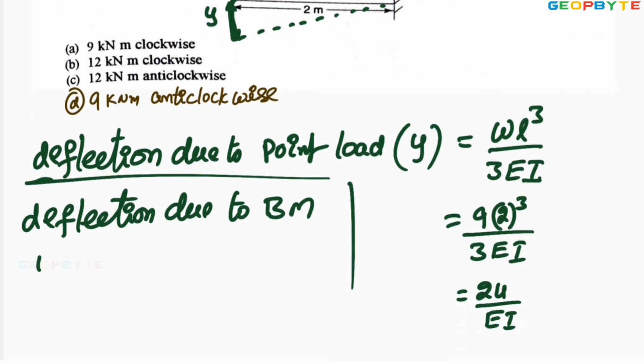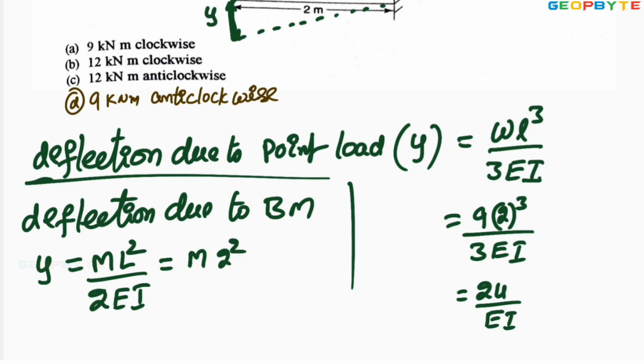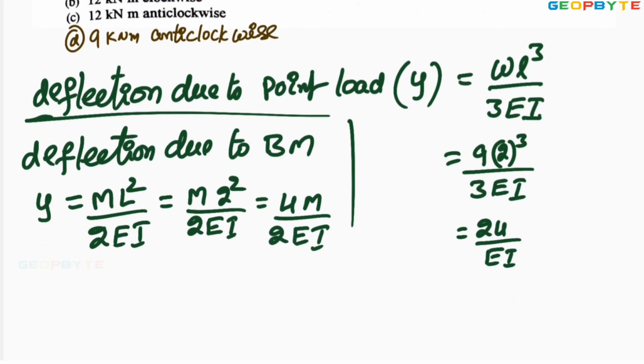Deflection due to bending moment, Y equal to the formula M L square by 2EI. M into L equal to 2 square by 2EI. Simplify this value: 4M by 2EI, so that deflection Y equal to 2M by EI.